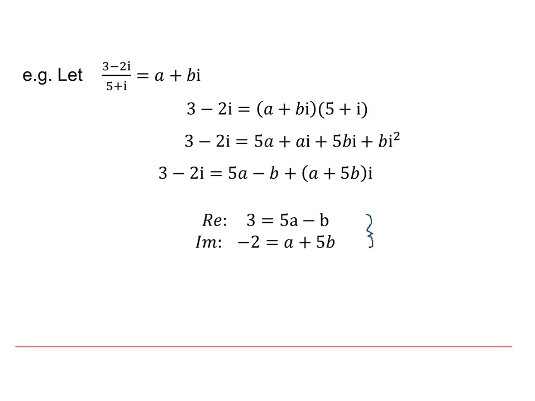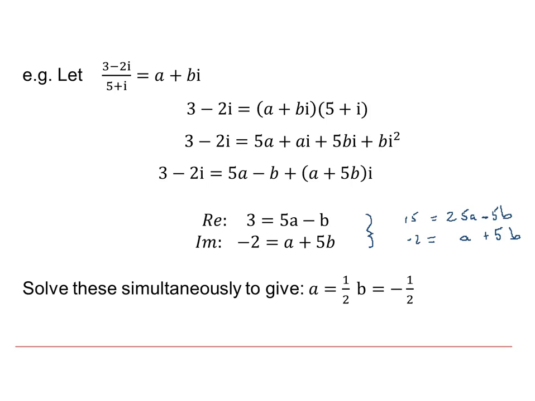For example, if we took the first equation and multiplied by 5, we would get 15 equal to 25a minus 5b. Then adding that to the second equation, negative 2 equal to a plus 5b, we would get 13 is equal to 26a, and therefore a is a half, and if you then substitute, you'll find that b is negative half.